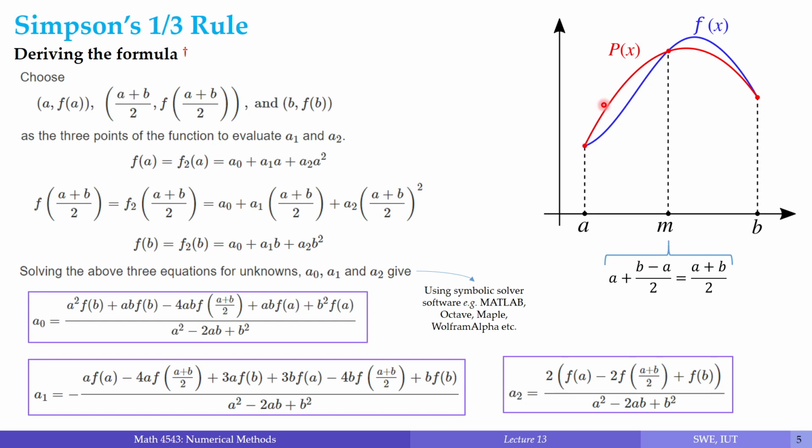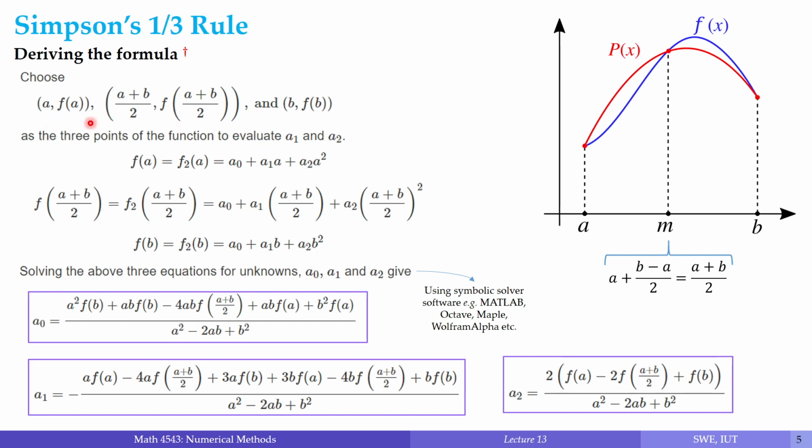The second point is (a plus b) by 2 as the x value, and the y value is f of (a plus b) by 2, the functional value at this point. And the last point is the functional value at the upper limit, which is b in this case.